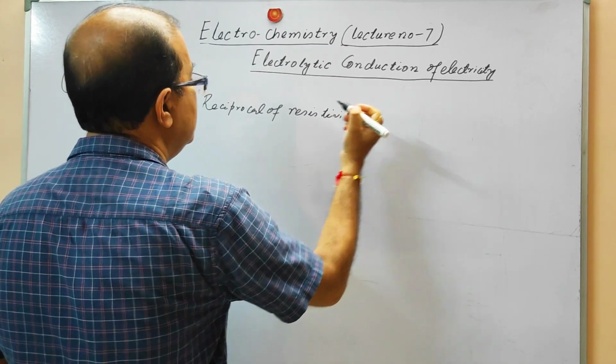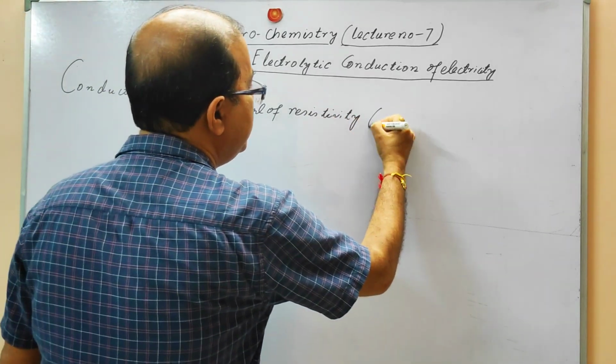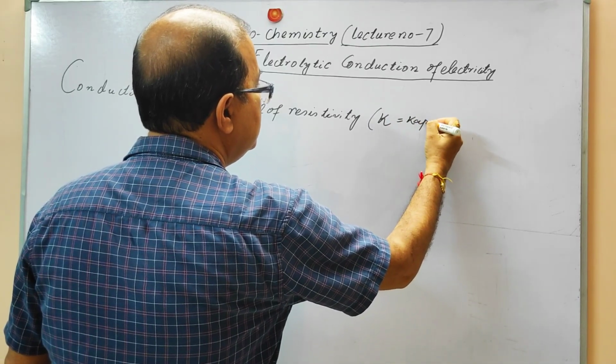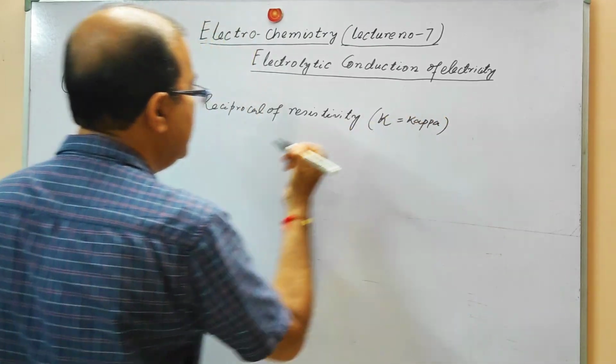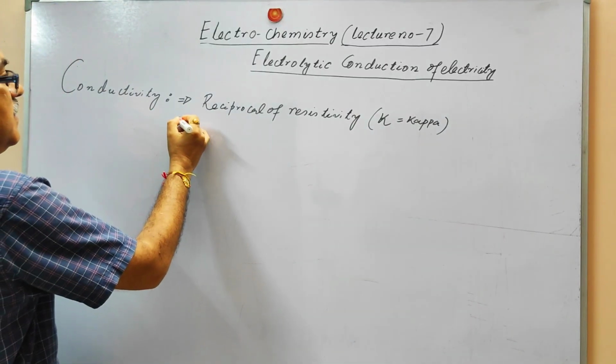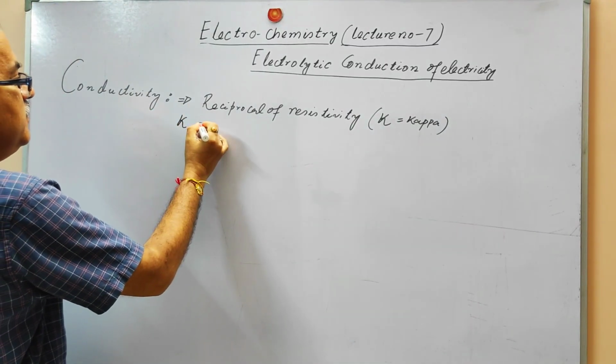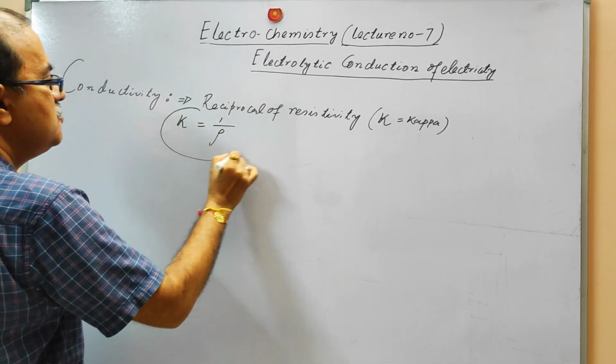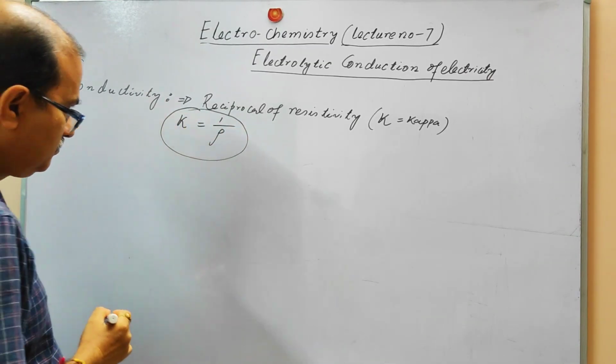It is represented by kappa, K. K is kappa, that is the Greek letter kappa. So we can write the conductivity is 1 by rho.